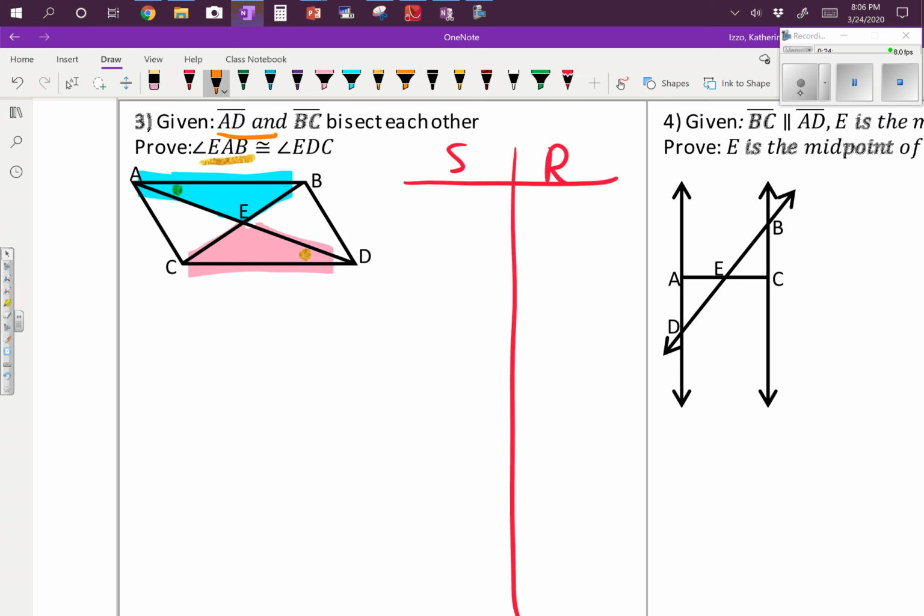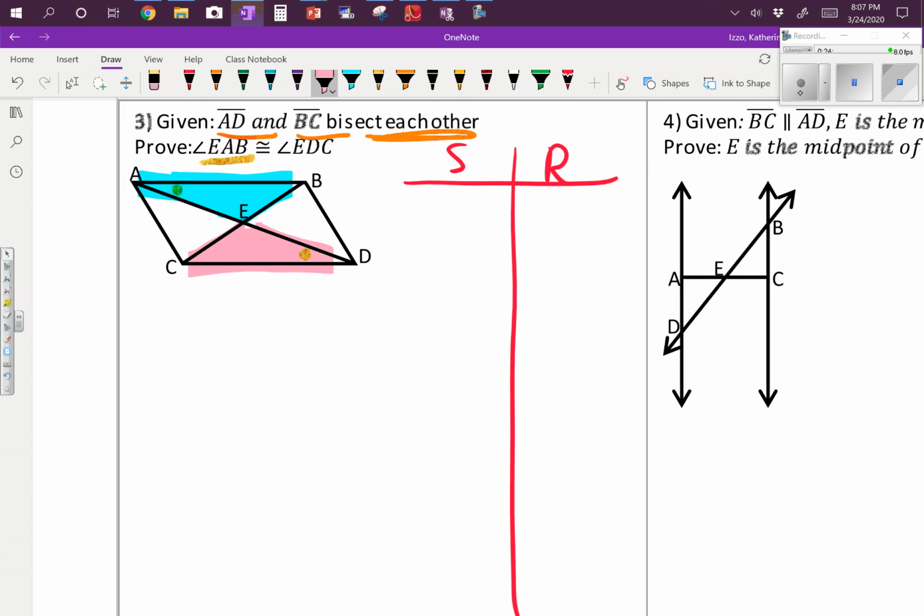This given says AD and BC bisect each other. That means they're taking AD and BC and chopping them into pieces. Because they're taking the diagonals and chopping them into pieces, we are not going to be looking at this big triangle, because that would be taking the diagonal, and the diagonal goes straight through those two triangles.